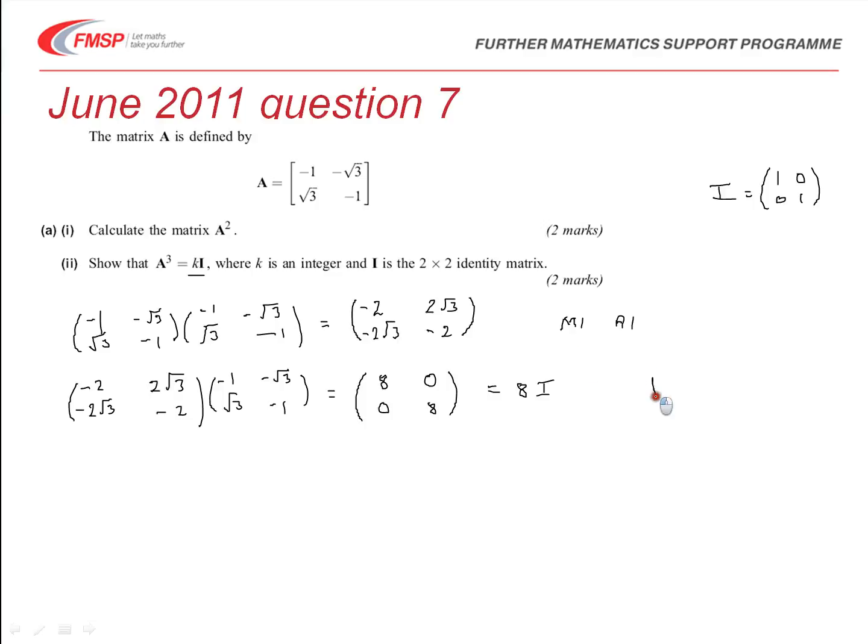So here we've got the fact that K is equal to 8, therefore. Again, there's 2 marks for this part. So again, an appropriate method where you've got at least 2 entries right, and for stating the answer as 8I. So it's an accuracy mark and a method mark for that particular part of the question.